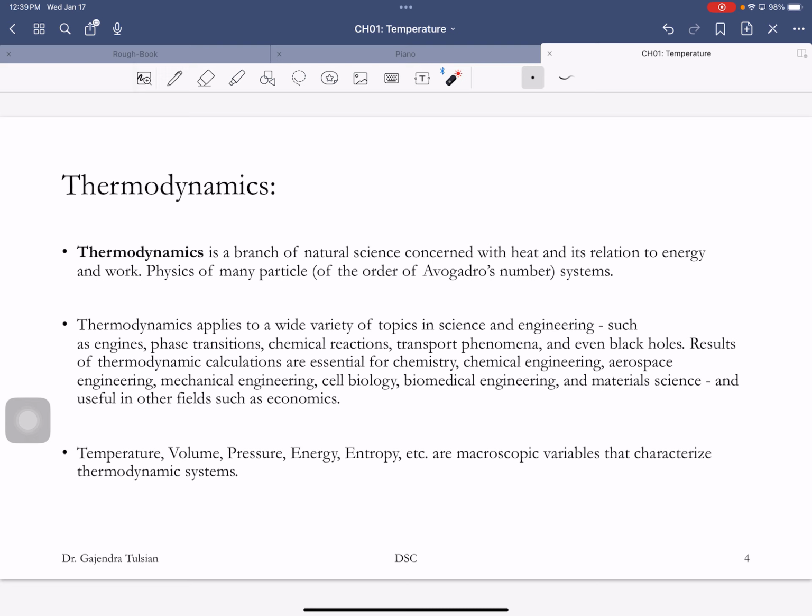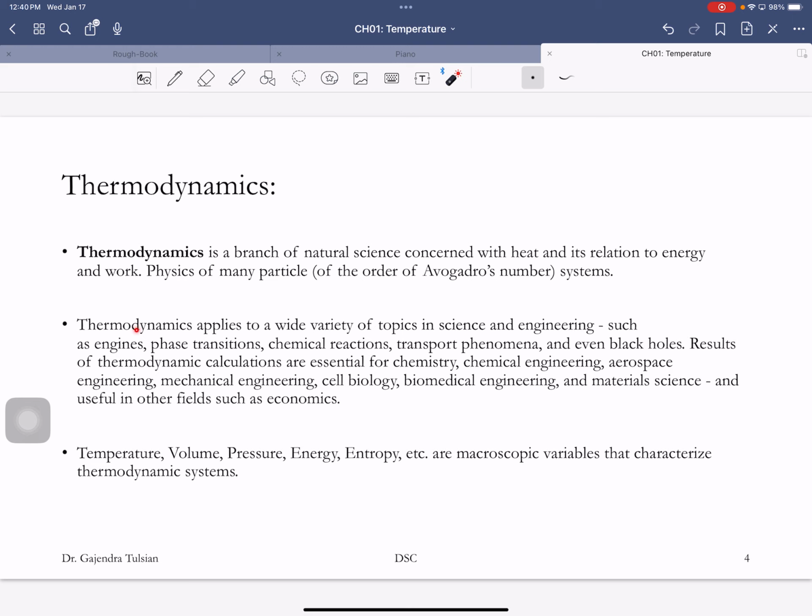Thermodynamics is a branch that's concerned with heat and its relation to energy and work. It's the physics of many-particle systems. And when we say many particles, we're not talking hundreds or thousands. We're talking trillions and trillions, so Avogadro's number of particles.